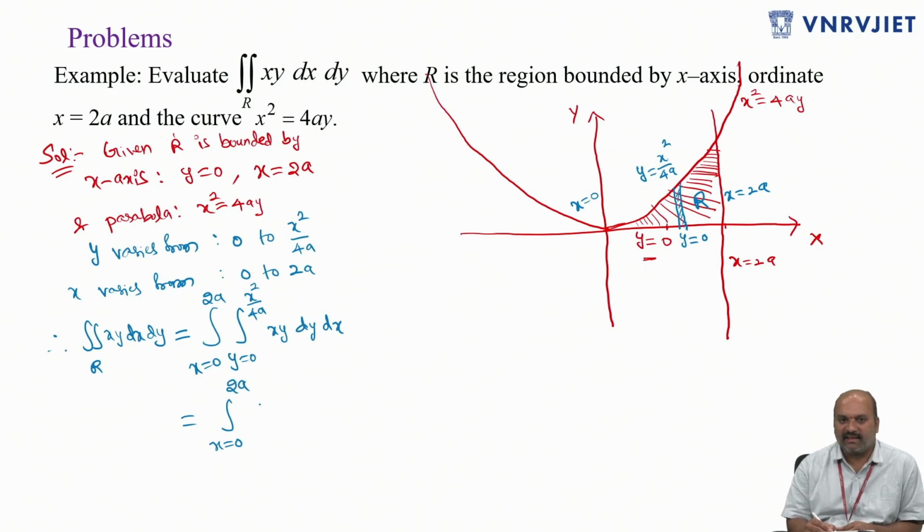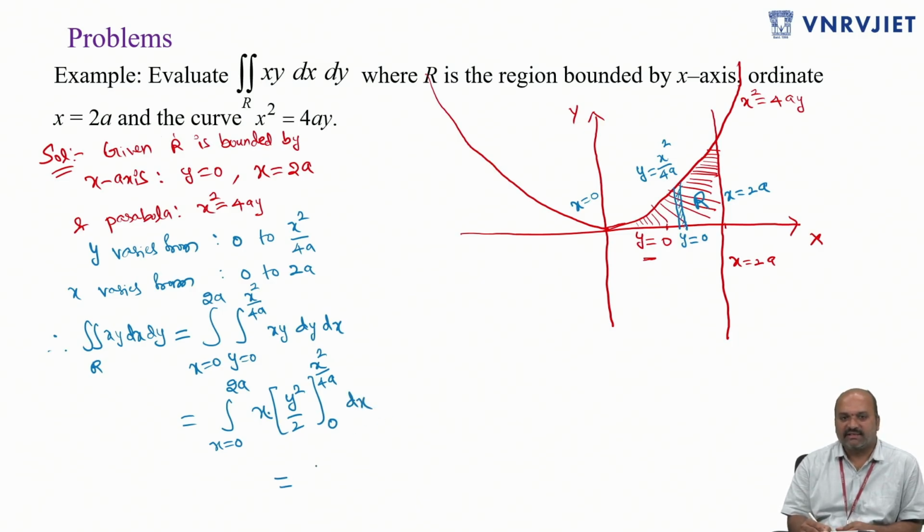Integrating with respect to y, we treat x as constant, and the integral of y dy is y²/2. The upper limit is x²/4a and the lower limit is 0, into dx.